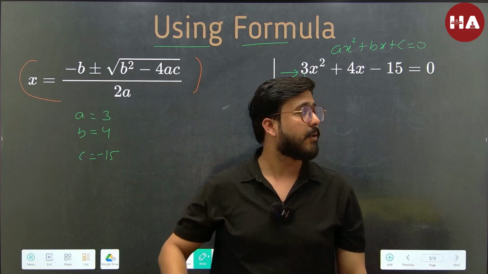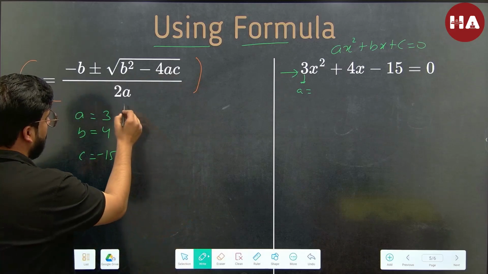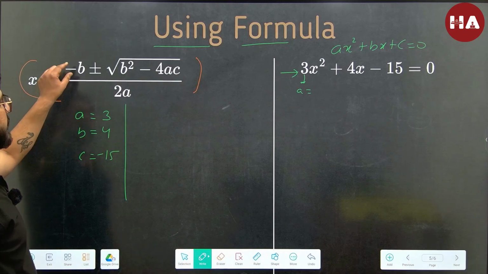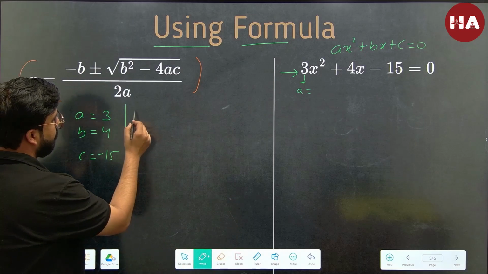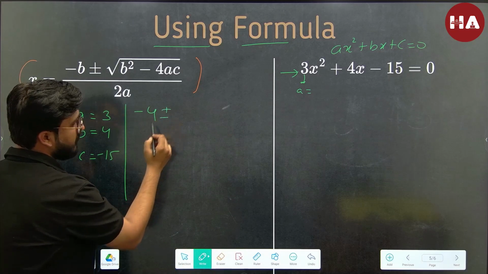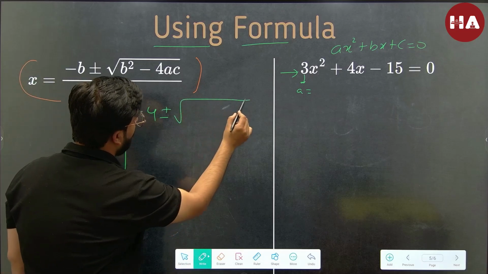Now you can directly put in the formula. So the formula is what, students? It is negative of b, so negative of b is minus 4, plus minus root of b square.